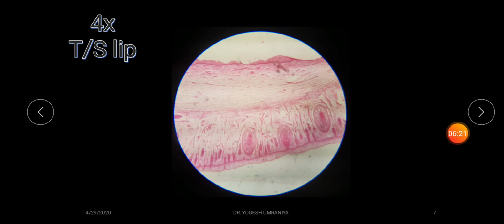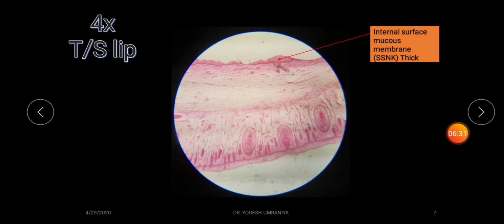Next image, you can see the image under the 10x lens, transverse section of the lip. Here you can see this is the top layer, that is the inner surface having the oral mucosa of the stratified squamous non-keratinized type of epithelium, and this is somewhat thicker.